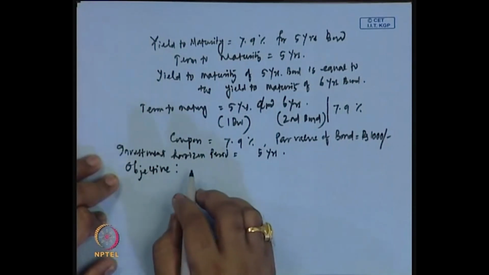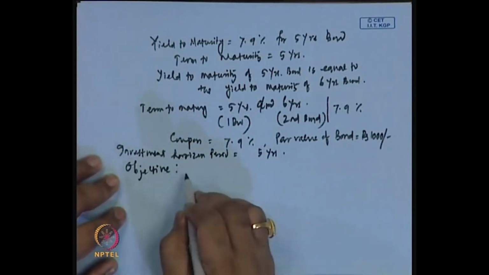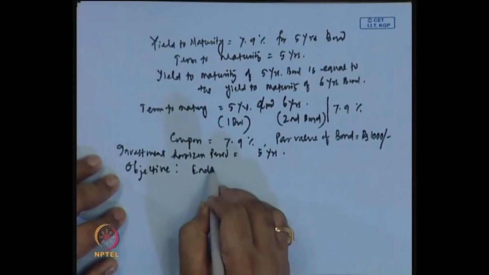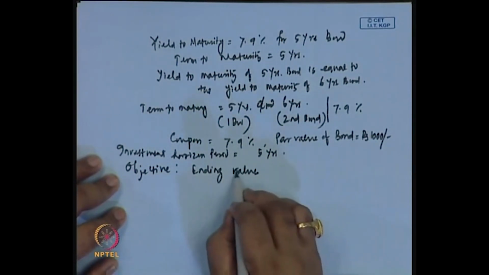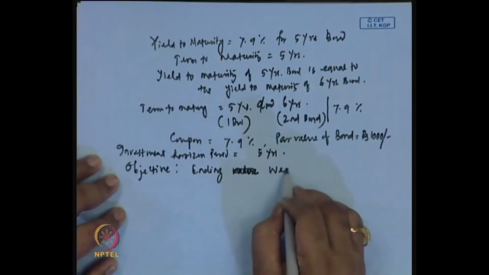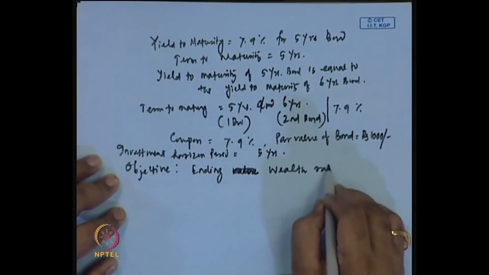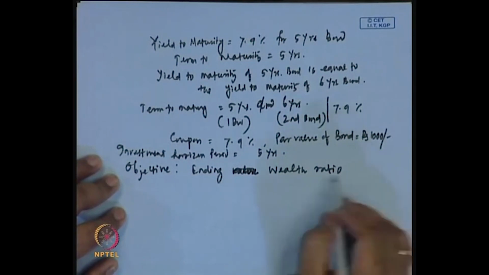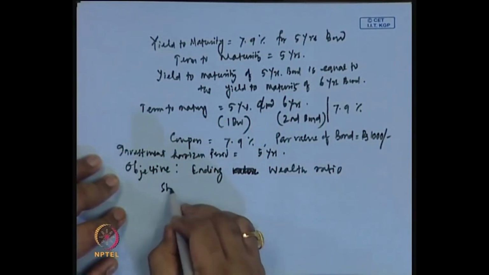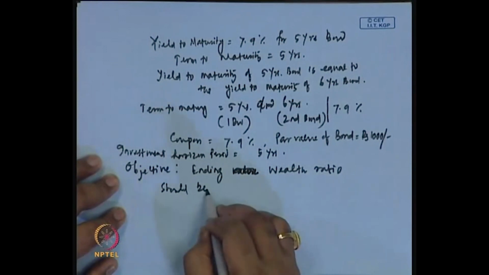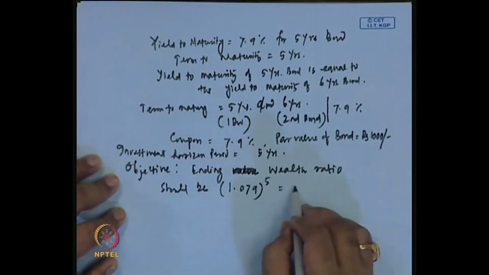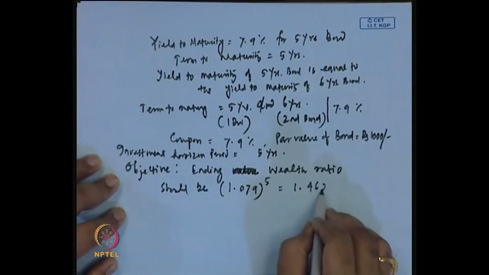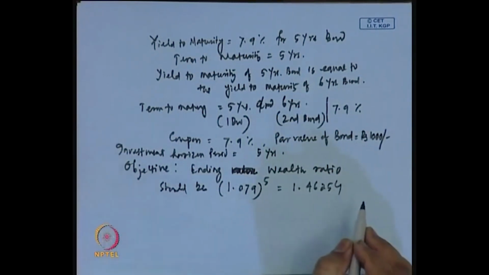So the objective of the investor is that the ending value, or we can say the ending wealth ratio, should be 1.079 to the power 5, which is equal to 1.46254. That should be maintained after 5 years.